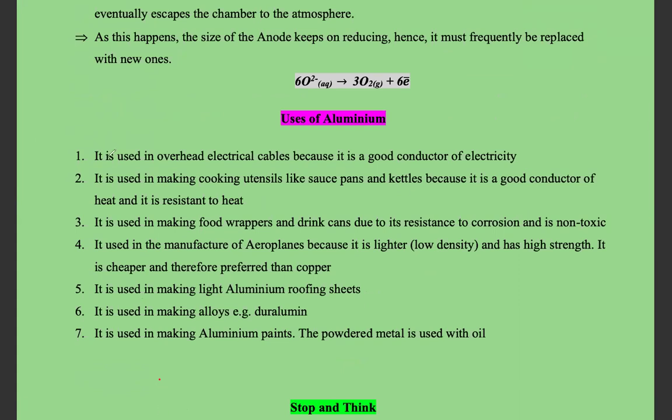So in the few minutes remaining, one of which is that aluminium is a good conductor of electricity, therefore it is used in making overhead electrical cables. Because aluminium is also a good conductor of heat, we can use aluminium in making kitchen utensils, cooking utensils.